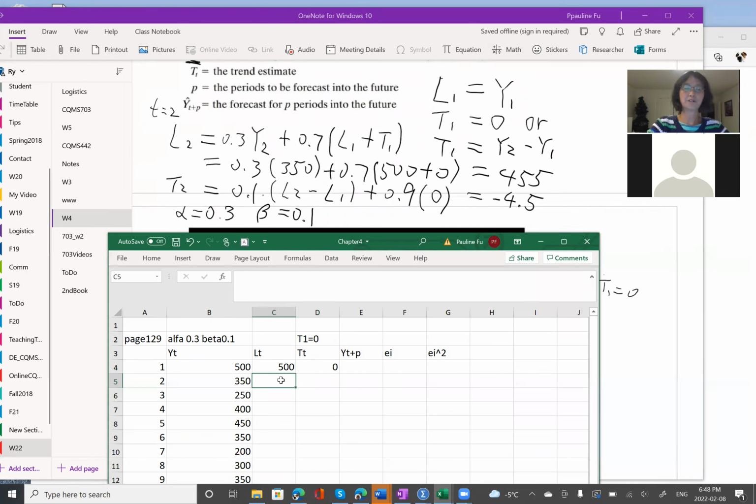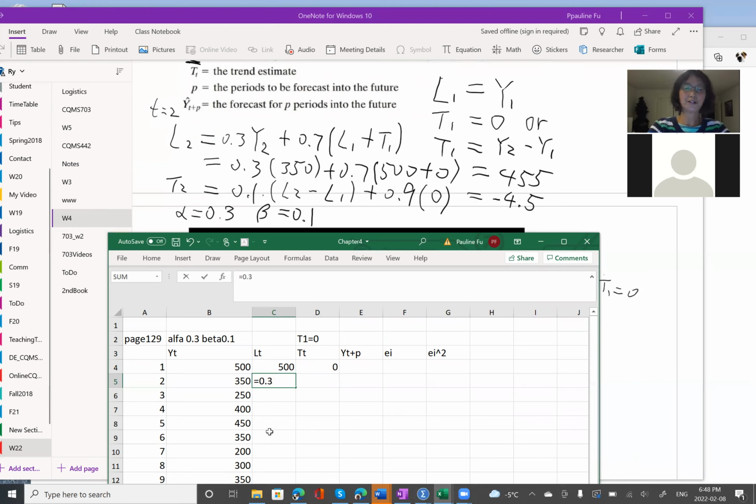Next, we want to compute L2. The calculation is here. L2 equals alpha, and alpha is 0.3. You could use a cell reference, but for simplicity and illustration purposes, I will directly type in the number.